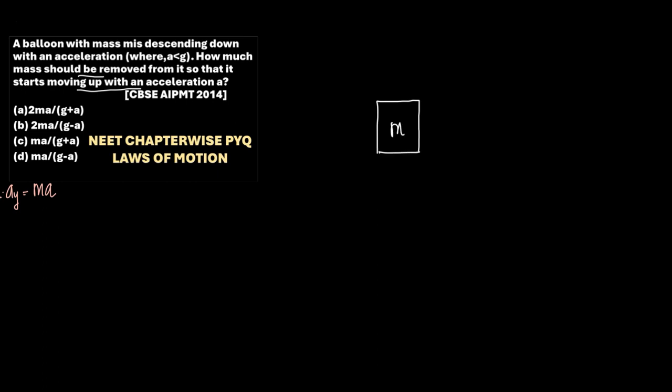Let's assume that some amount of mass is removed from it, and the removed part weighs m dash. So there was m, and m dash has been removed. In which case, what is the mass of the leftover block? It would be m minus m dash.